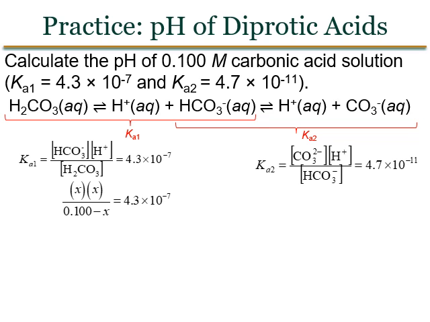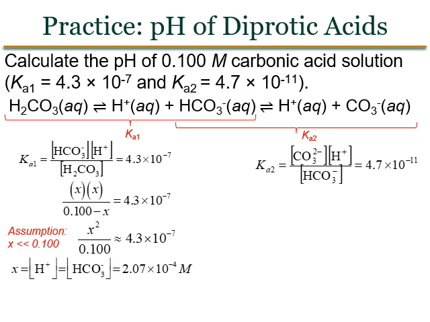It's important to set it up in that manner because we already know that we are going to have a small change in terms of our hydrogen carbonate that is produced. Because our Ka is small and we know that we're dealing with a weak acid, we can just drop that bottom x to make our math a little bit easier.